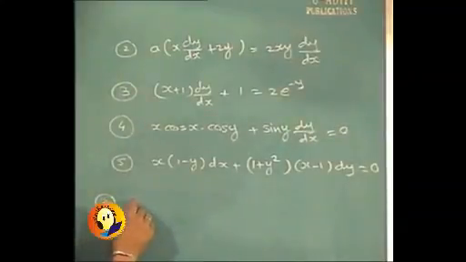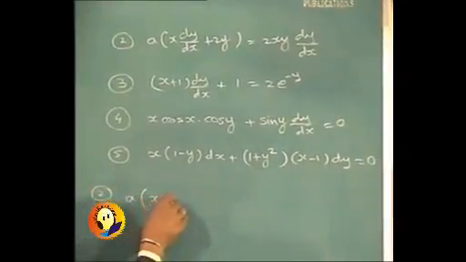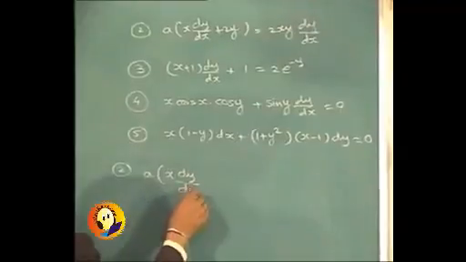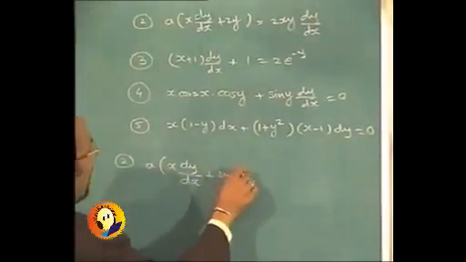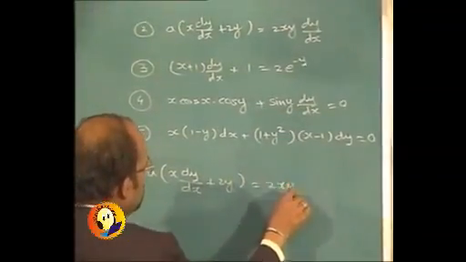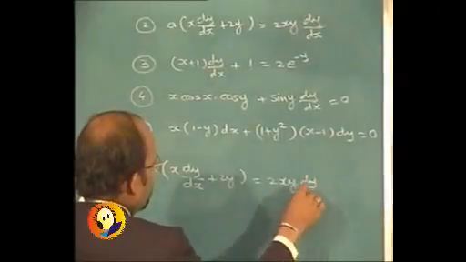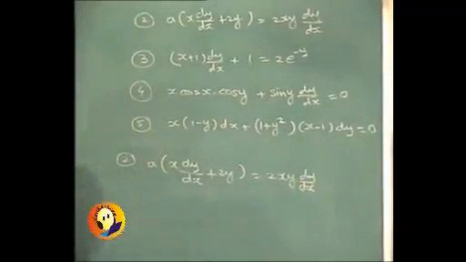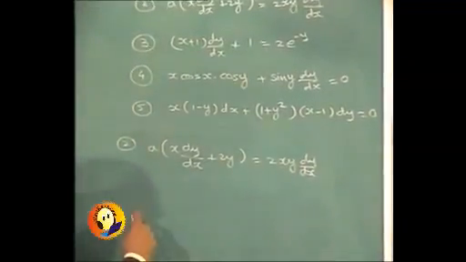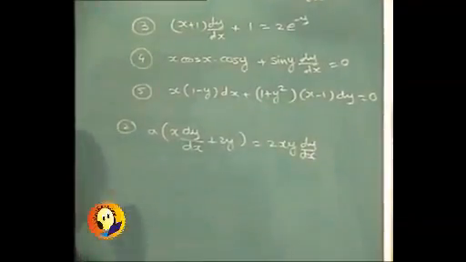The given equation is a into bracket x dy by dx plus 2y equal to 2xy dy by dx. The attempt should be to collect all the dy by dx terms on one side and all the other terms on the other side.